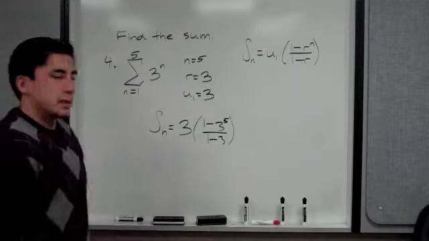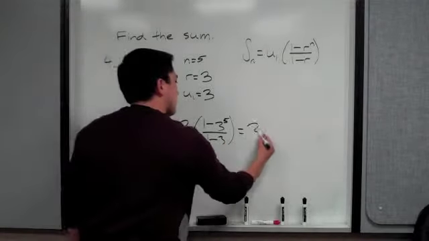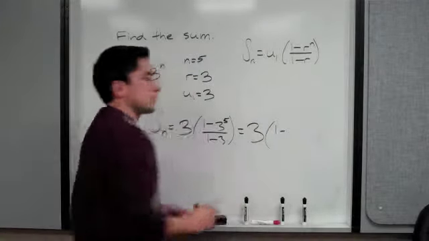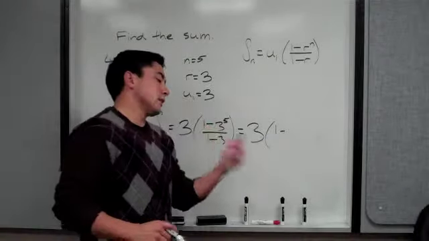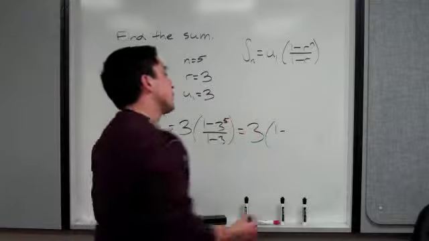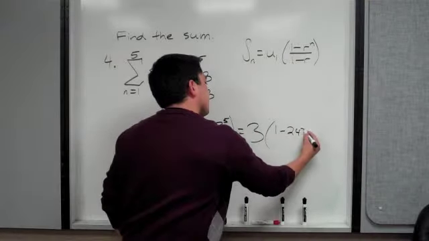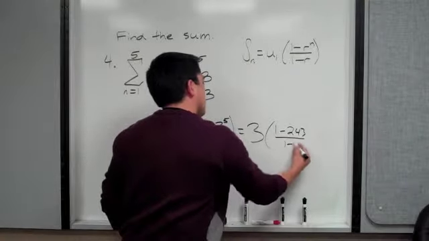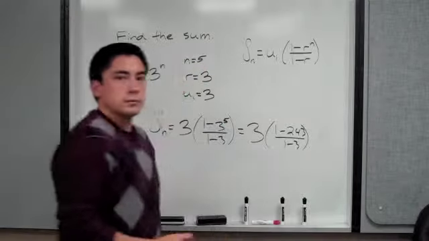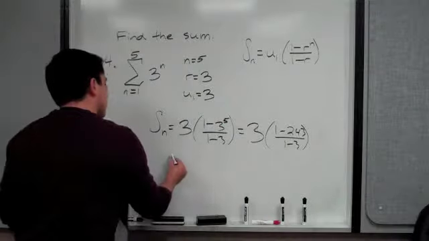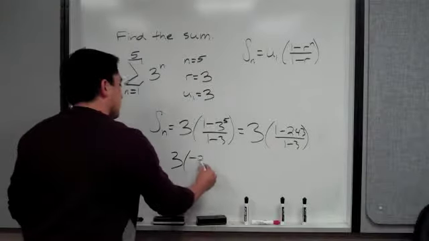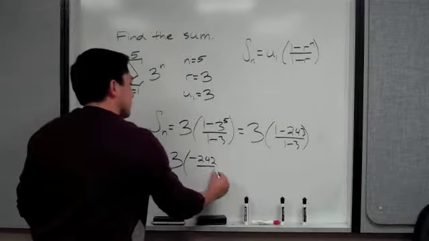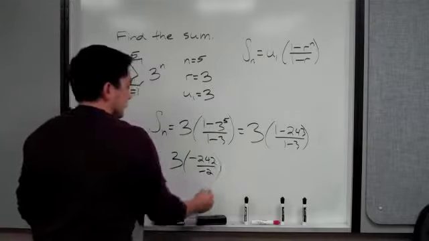Okay? Now it's going to do some basic math here. We have 3, 1 minus 3 to the 5th is 3, 9, 27, 81, 243. Okay? Over 1 minus 3. So now let's just work this out. 3, 1 minus 243 is negative 242 over negative 2.